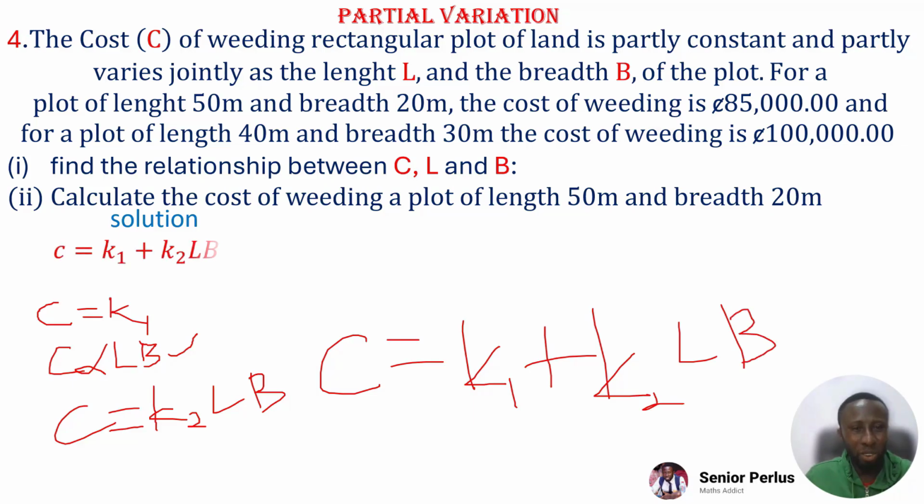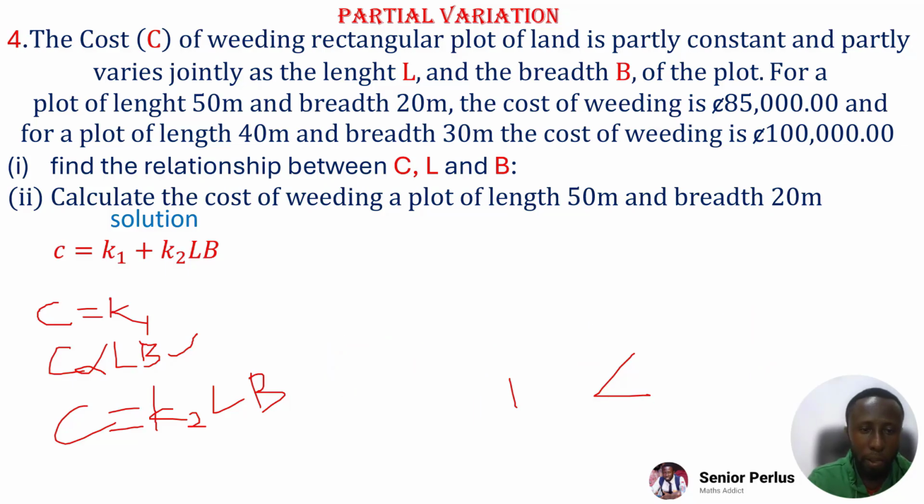So that's the cost of reading a rectangular plot of land, partly constant and partly varies jointly as the length and the breadth. So this is how you do it.